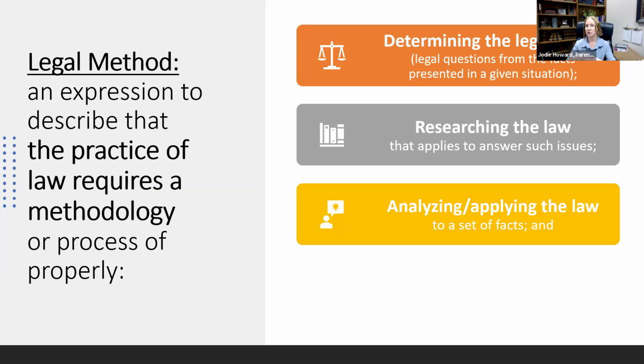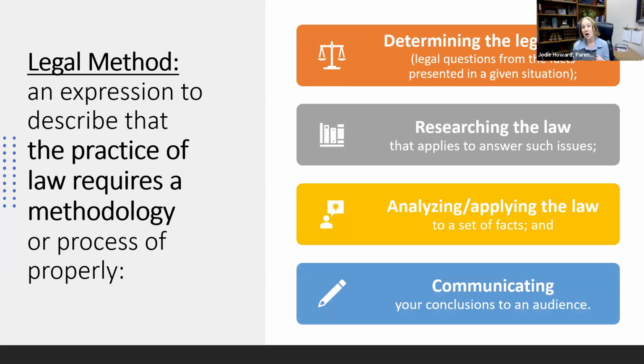Then after we've researched and educated ourselves on topics, we then have to apply the law. And the way it applies to different sets of facts can be very different. Like a fingerprint, sets of facts are always going to have variances. And so we have to know how the law is going to apply given the way these facts vary from prior cases.